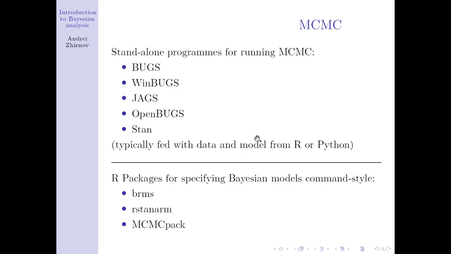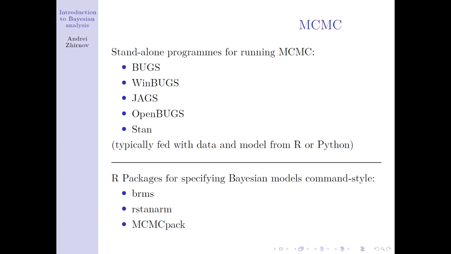There are a number of different standalone programs used for running MCMC. Here is a short list of such programs. They include BUGS, WinBUGS, JAGS, OpenBUGS, and most recently Stan. Typically, when you use such programs, you use them in ensemble with some sort of data handling program.